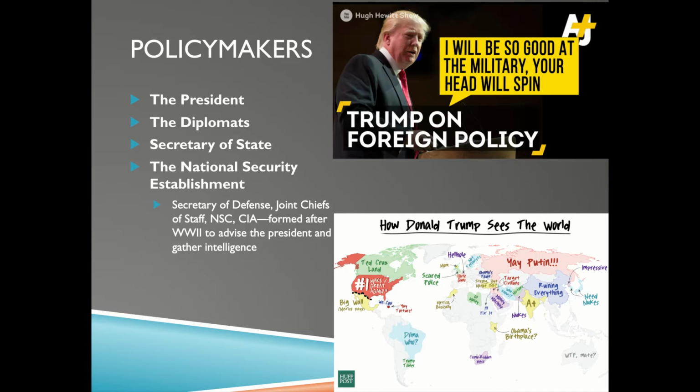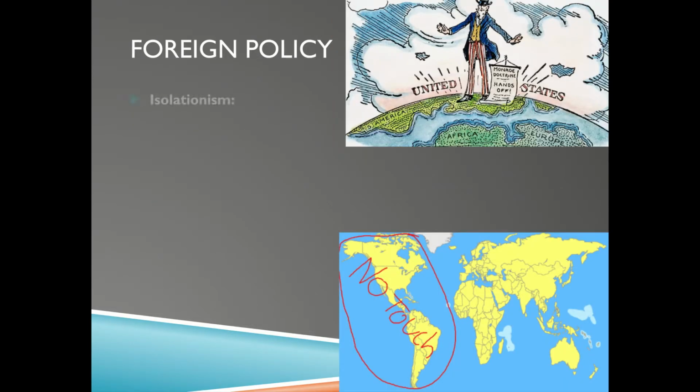The National Security Council, the CIA. The CIA was formed after World War II to advise the president and gather intelligence. The CIA, again, is not allowed to operate on U.S. soil. The CIA is only a foreign organization. Also, Congress. If you remember correctly, the Senate has to approve all treaties signed by the president.